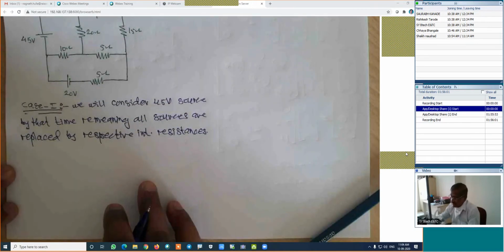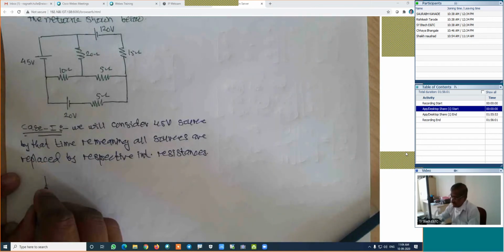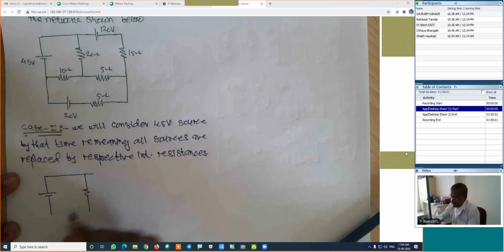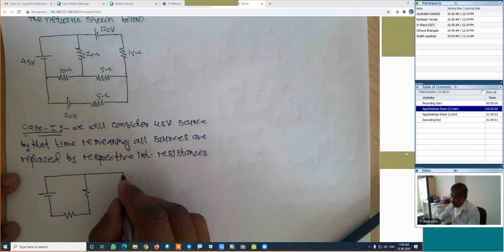So here in the direct inspection method, how will the figure be? It will be something like this. This 45 volt source remains as it is. Then all the remaining sources we are replacing by their internal resistances.